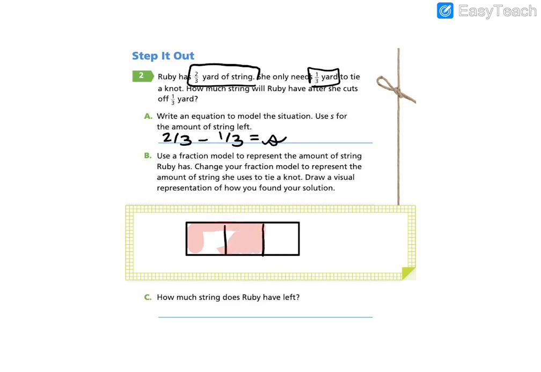Here's the 2/3 of string that she begins with, and the 1/3 that she cuts off. So how much string will Ruby have left? Ruby will have 1/3 of a yard of string left.